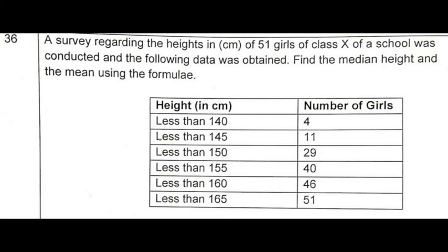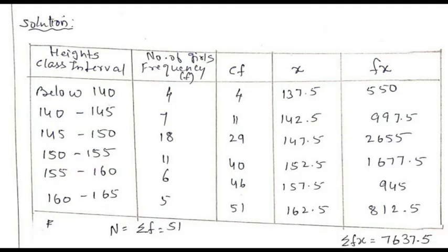Question 36. A survey regarding the heights in centimeter of 51 girls of class 10 of a school was conducted and the following data was obtained. Find the median height and the mean using the formulae. Draw the table and you can use the same table for both median and as well as mean.